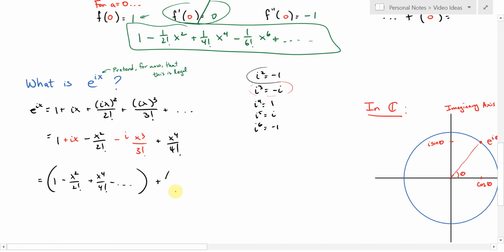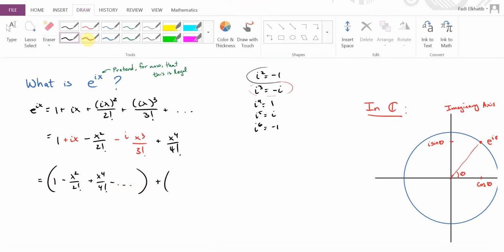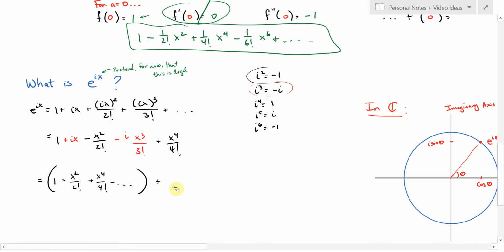And we're adding that to, what? Well, notice that the red terms all have a factor of i in front of them. And if you look at the next red term, it would be plus i x to the 5th over 5 factorial.